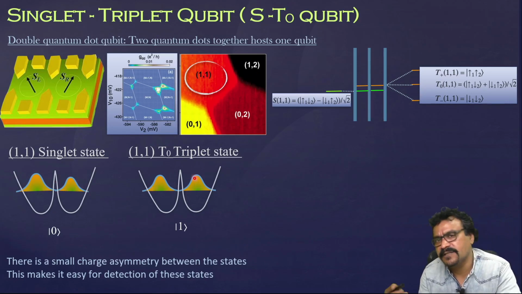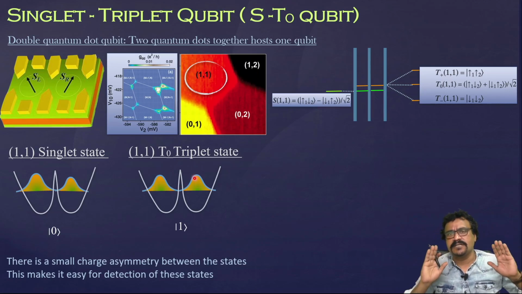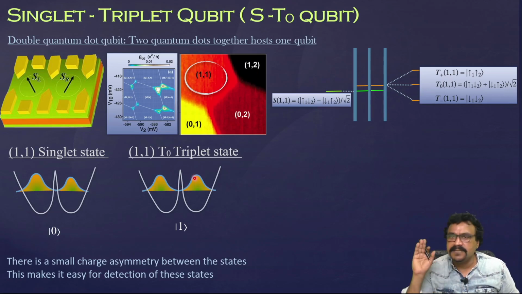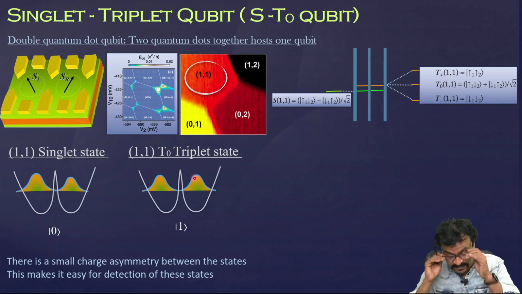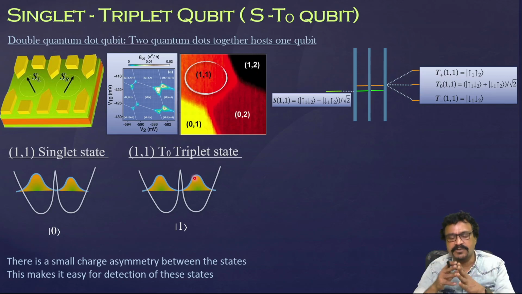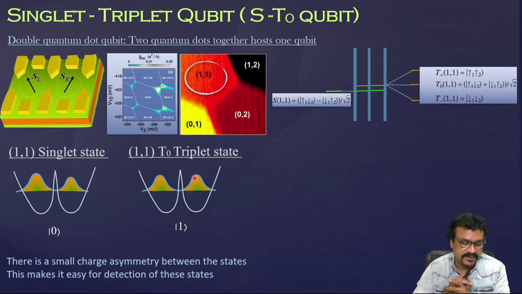So, this is a very small charge rearrangement, but a sensitive charge detector such as a quantum point contact or a single electron transistor can differentiate these two states. This gives a lot of advantage in this, because a small difference you can capture means you can distinguish these two states. Okay. Secondly, this is a 2-electron system as opposed to 1-electron system in a LD qubit.